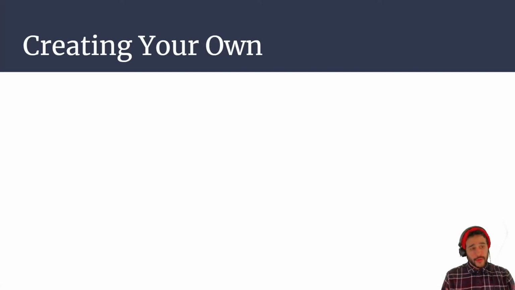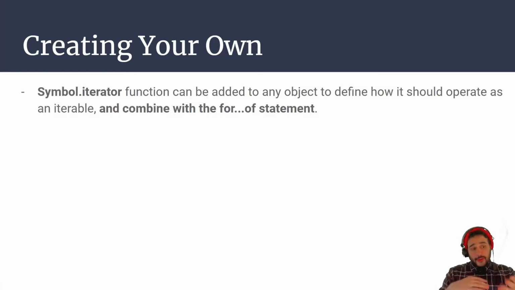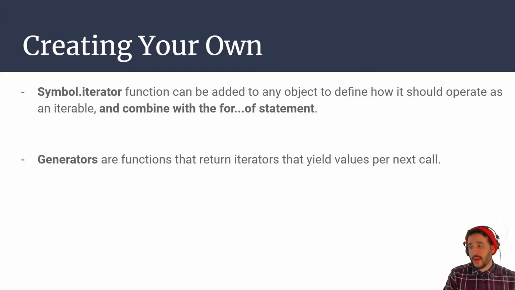But you can also create your own iteration strategies depending on what you want your structure to do, which is awesome. So the symbol iterator function can be added to any object or any structure that you can assign a key to, like a string. And it can define how it should operate as an iterable, and then therefore combine with the for of statement.